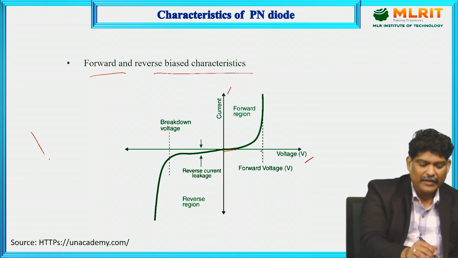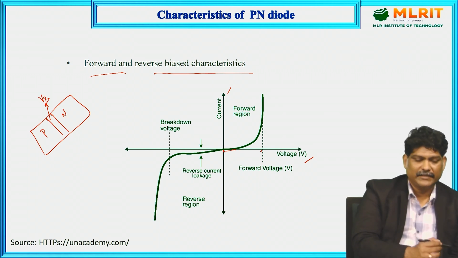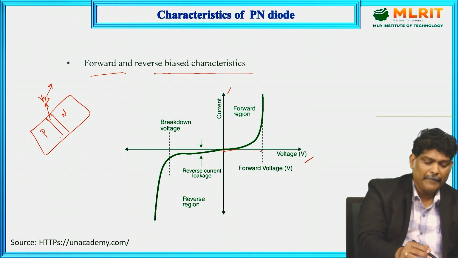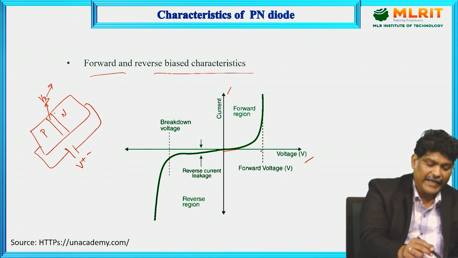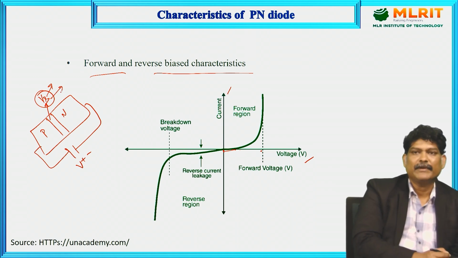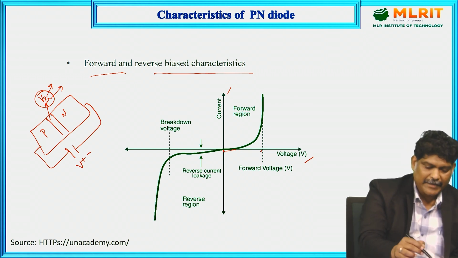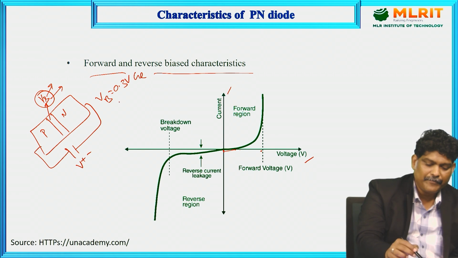Why? Because in a PN diode we have a potential barrier voltage, and the applied voltage V must exceed this potential barrier voltage. This varies from material to material. For example, VB is equal to 0.3 volts for germanium and 0.7 volts for silicon.